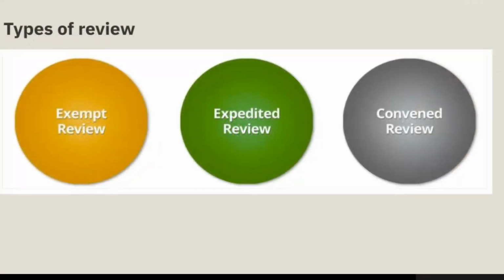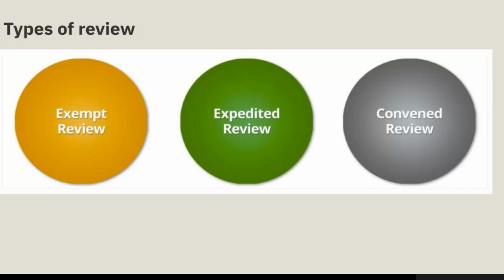There are 3 levels of review at all institutional review boards. Exempt review does not mean it's exempt from IRB review. It means it's exempt from the convened full board review. Expedited review means it still will be reviewed by the board, but not necessarily at the convened meeting.